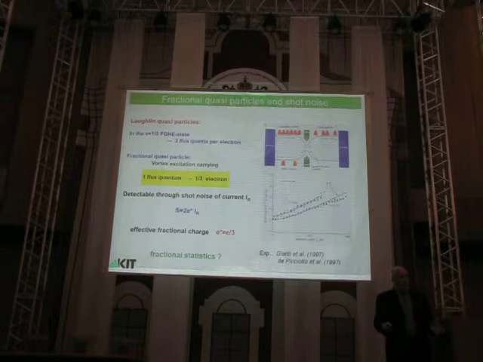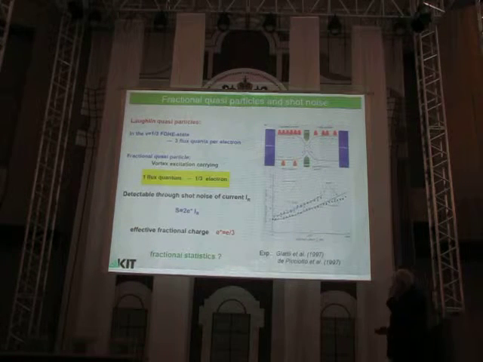This has not been confirmed experimentally so far, because it's very hard to do such an experiment. You cannot just interchange two quasi-particles or do an interference experiment. It hasn't been done yet. So that's still out there.